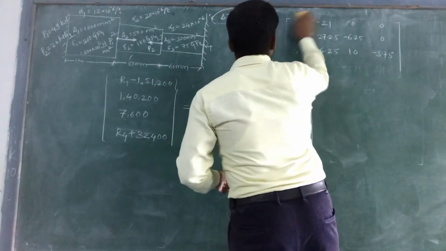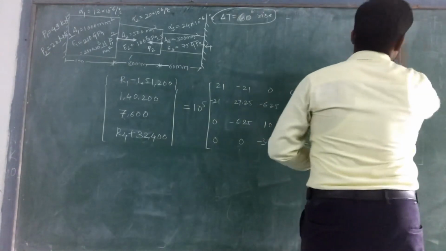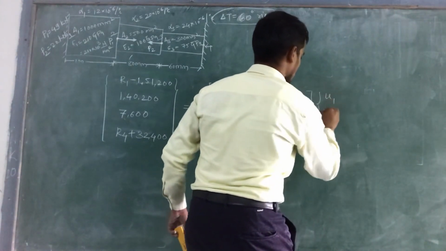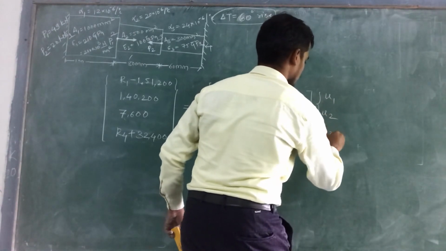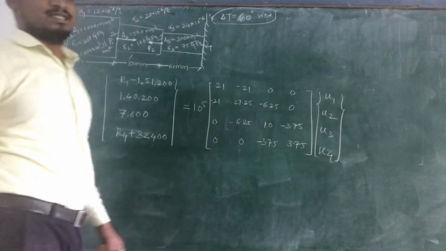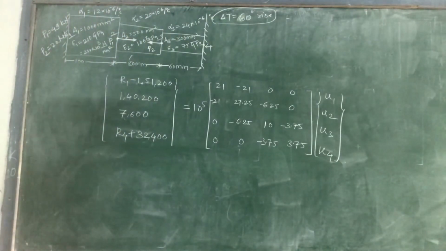Displacement vector is what? U1, U2, U3, U4. This is our displacement. So in this way we have constructed our force and displacement relationship.